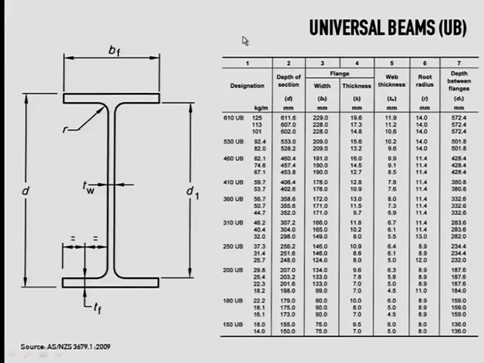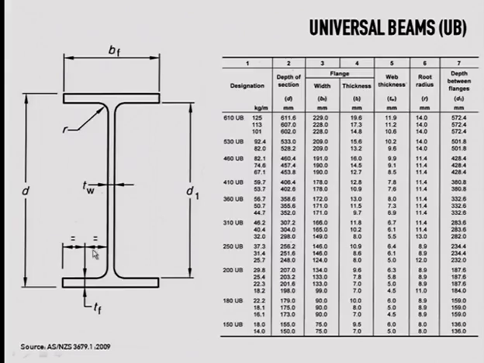For instance, the universal beam, UB, always remember the name, the label, and also how it looks like. So you see here we've got these two flanges and there is a fillet with the web. We will see later also a welded profile where you won't recognize this fillet because we will have three elements which are welded together.